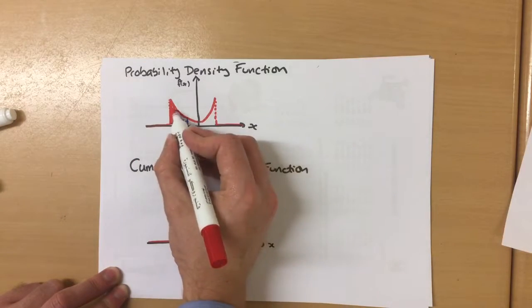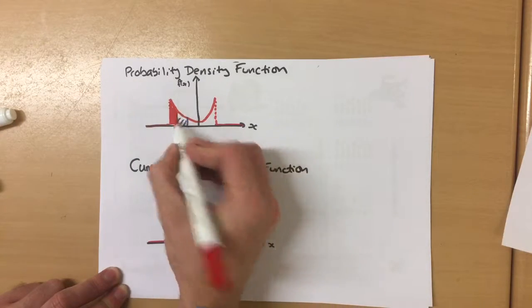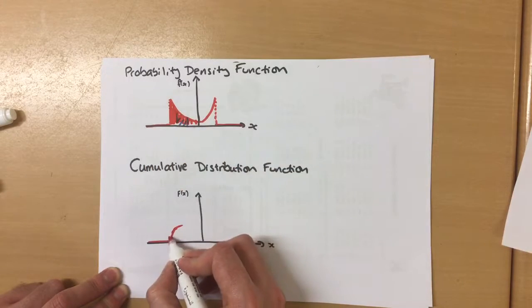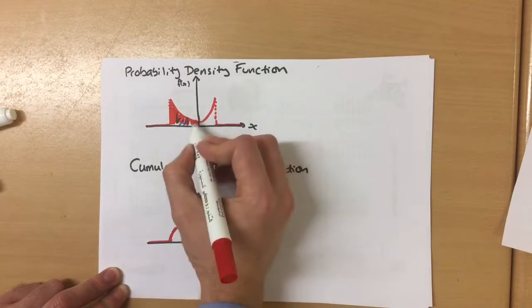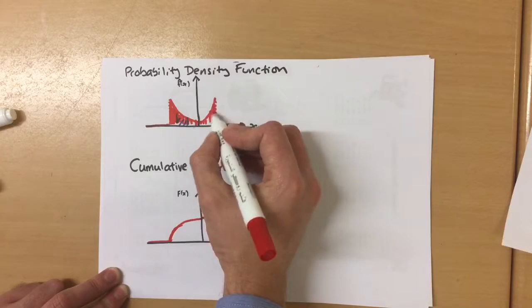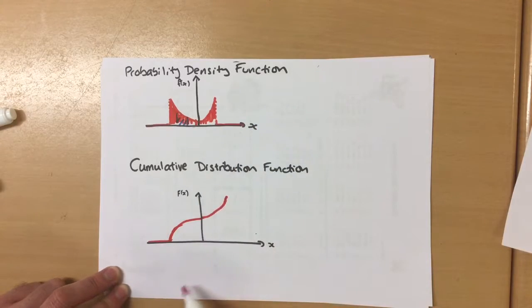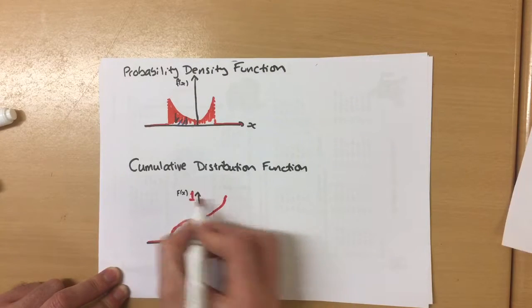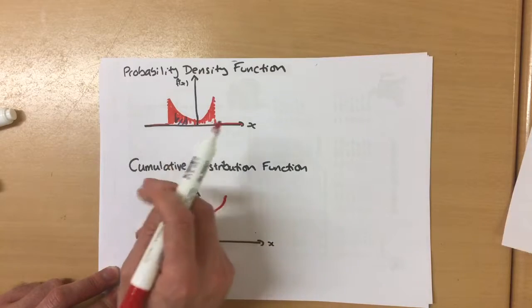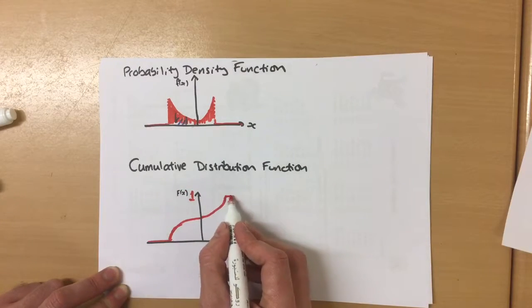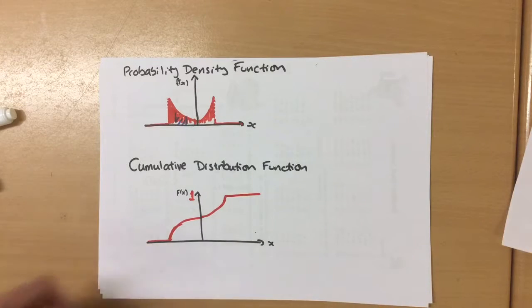So the line's going to keep rising as you add in more and more bits of area from this graph until you get to the whole of the curve being included. So you've added up all of this area, at which point we should be at 1, because all probabilities add up to 1. And we're not going to go down again, you're going to stay at 1 because it is cumulative.